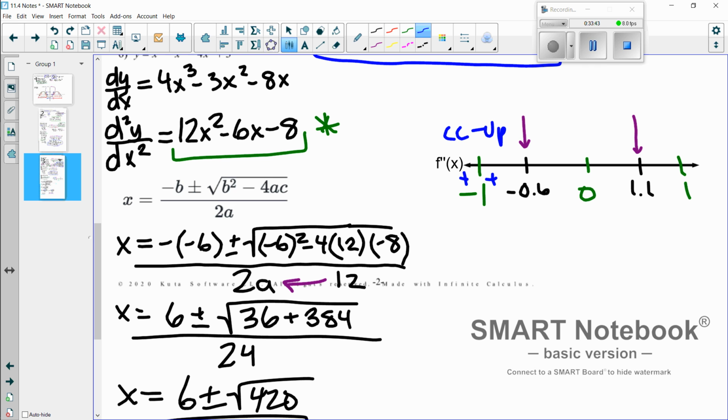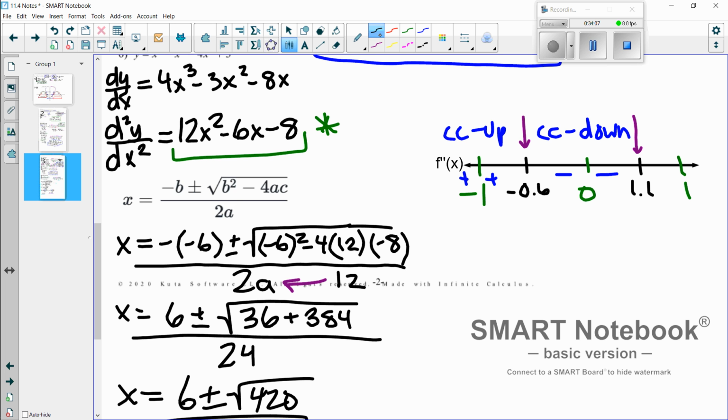Let's plug in 0. 0 squared is 0, times 12 is 0, minus 6 times 0 is 0, minus 8 is negative. Okay, so we're negative in this interval. That means we're concave down. Again, you can always write this out computationally if you want to plug in these values, right? Negative 1, 0, and 1. But I'm just doing it in my head and on my calculator to go quick here. Now, last one to do is plug in 1.